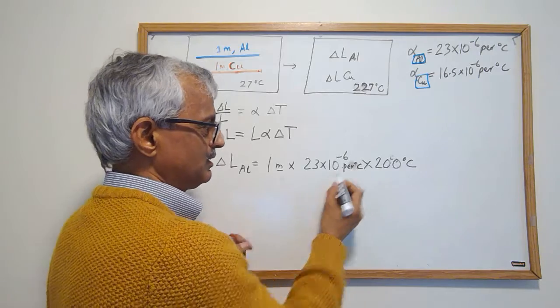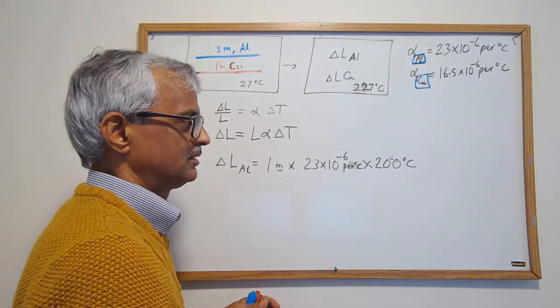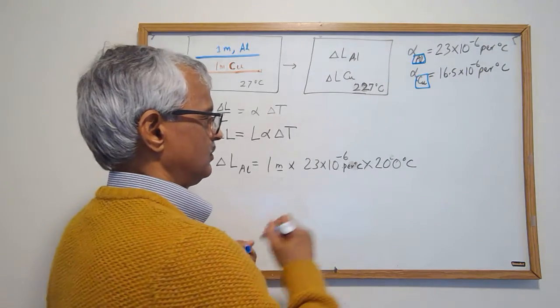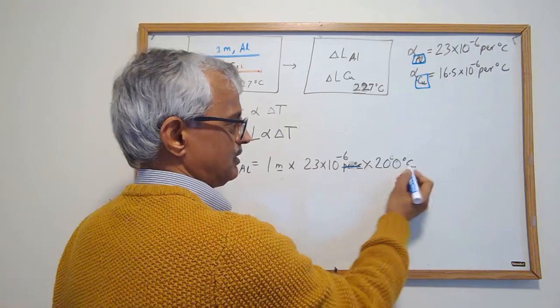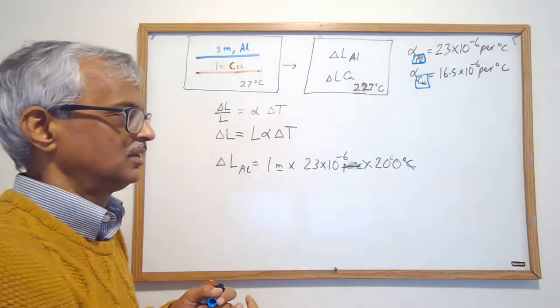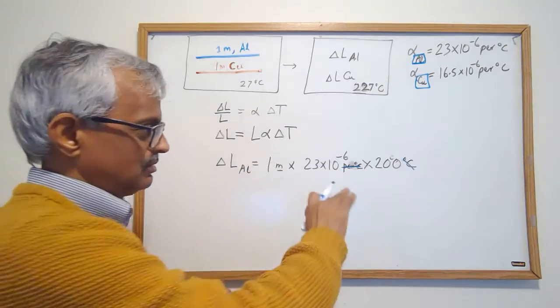So this per degree Celsius and degree Celsius will cancel out. That's what's canceling out. I wish we had a way to write it differently, but that's the way it's written.